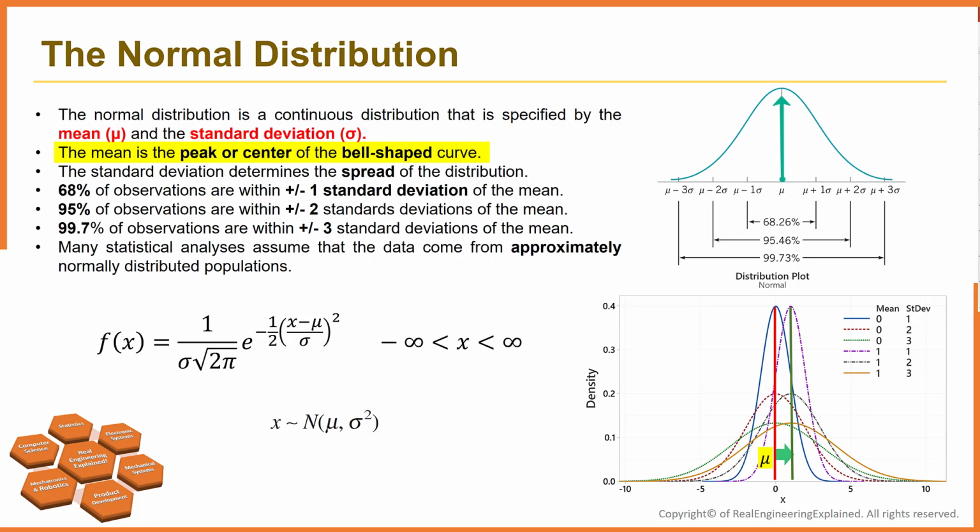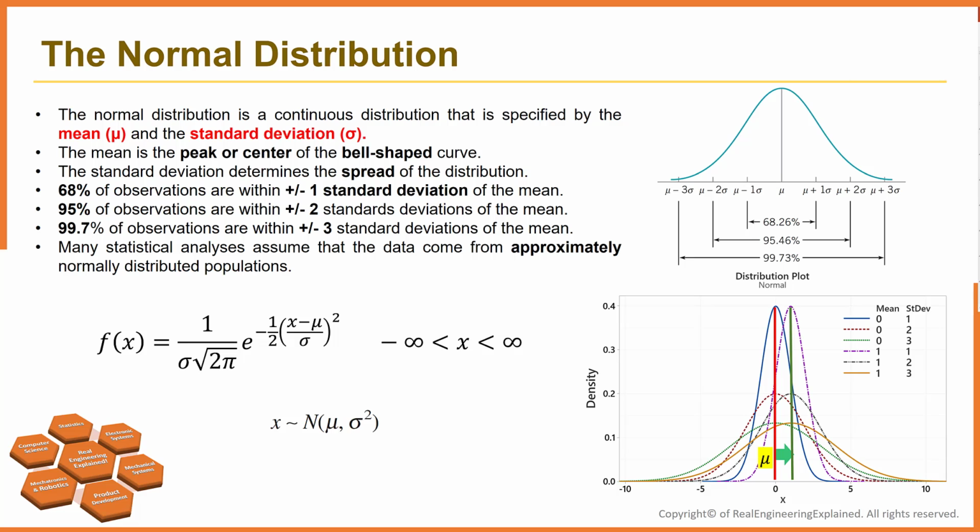The mean is the peak or center of the bell-shaped curve, and the standard deviation determines the spread of the distribution. Note that about 68% of the population values fall between the limits defined by the mean plus and minus 1 standard deviation, just 1 sigma.